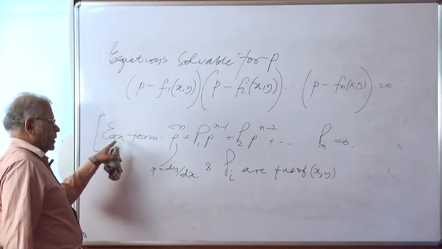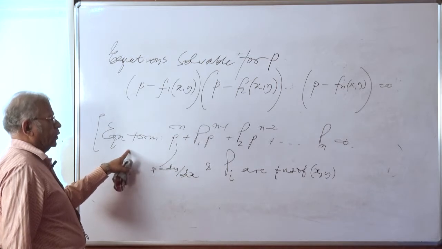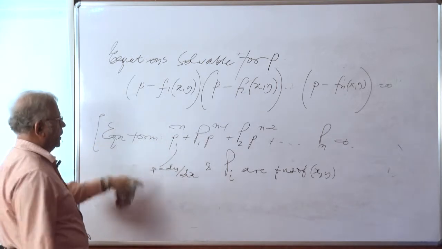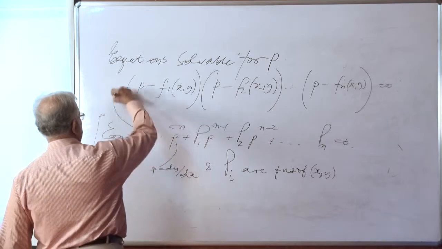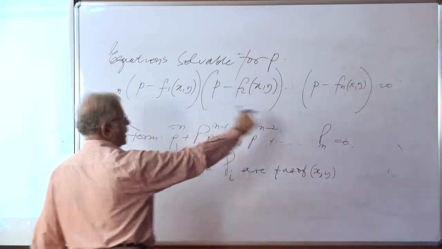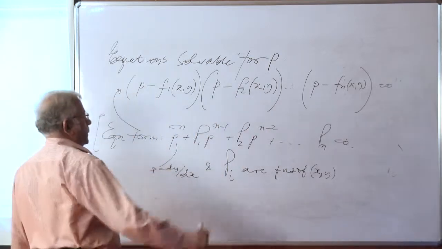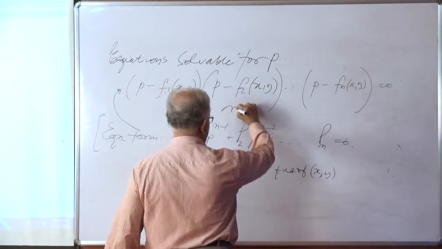And we assume that these can be factored in such a way that we write the equation in a factor form. That means here we have factored it into n factors.